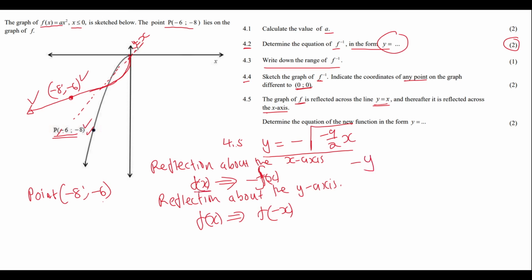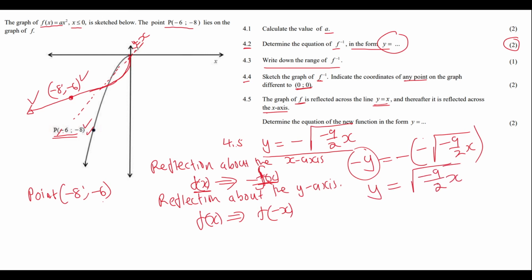Just like we're saying f of x becomes negative f of x, this becomes negative y, which is negative square root of -9 over 2 x. And then this and this will give us plus. Remember, this is the new function, so let's call it y is equal to the square root of -9 over 2 x, like that. Okay, that's what it's supposed to do there.